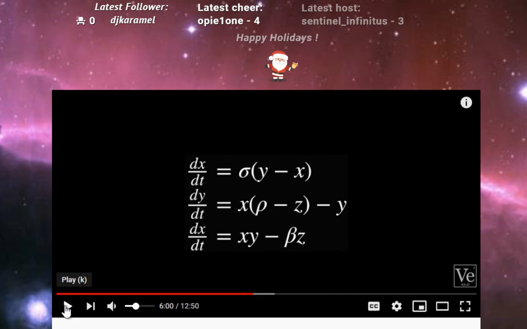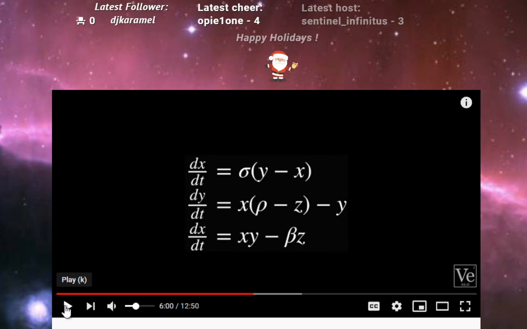So here we have the introduction to differential equations, or not. This actually isn't a differential equation, but it looks like it's how x varies over time, how x, y, and... Wait a minute. It's showing how x varies over time, which is, I think that symbol is called rho times y minus x. And the next one is x times rho minus z minus y.